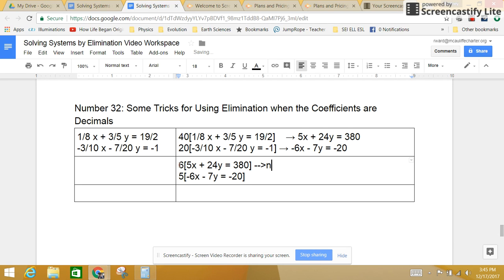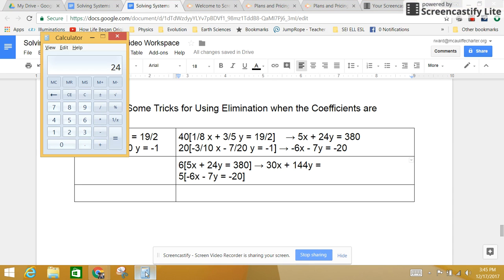So let's multiply it all out. I get 30x plus, now 6 times 24: 6 times 4 is 24, and 6 times 20 is going to be 120, so 144y. And then I'm going to do 6 times 380.